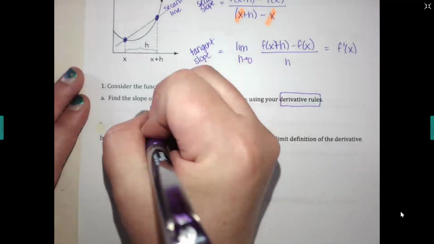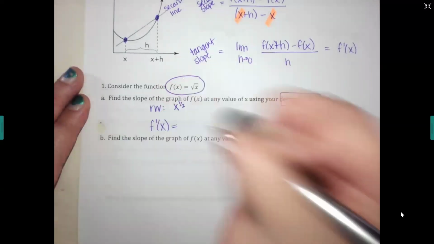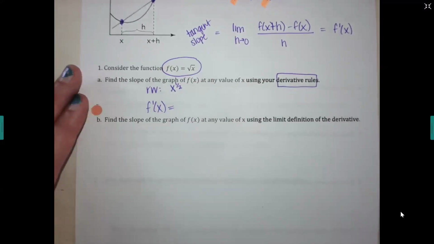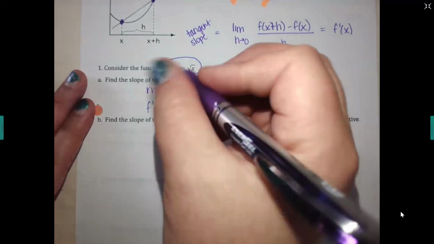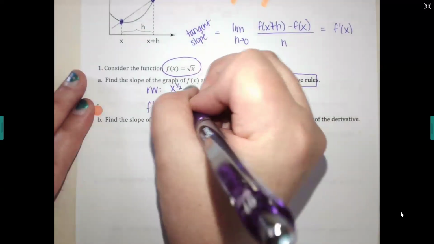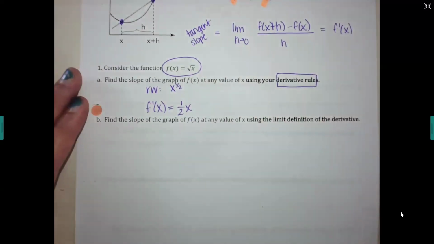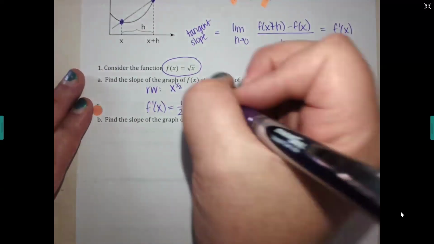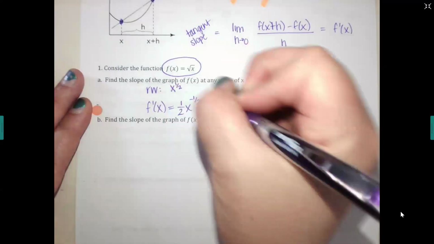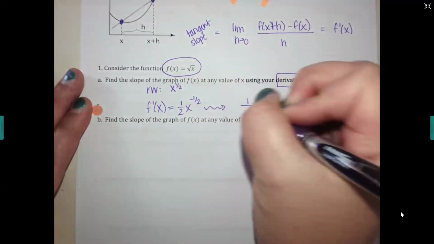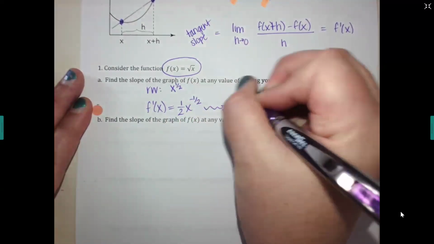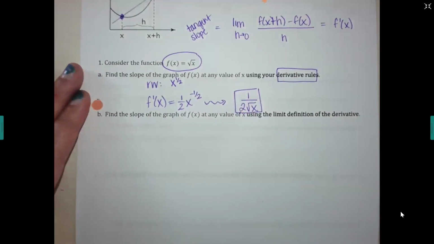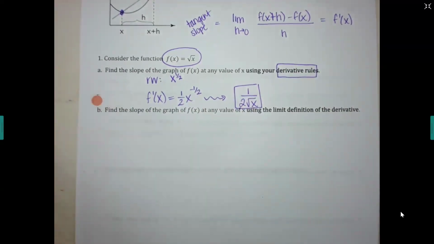So f prime of x equals, my 1/2 is going to times down to the front. And then do you remember we need to take away 1? What is a half take away 1? Negative 1/2. Then we would rewrite it as 1 over 2 root x. Okay, that would be using your rules. Takes like 30 seconds.